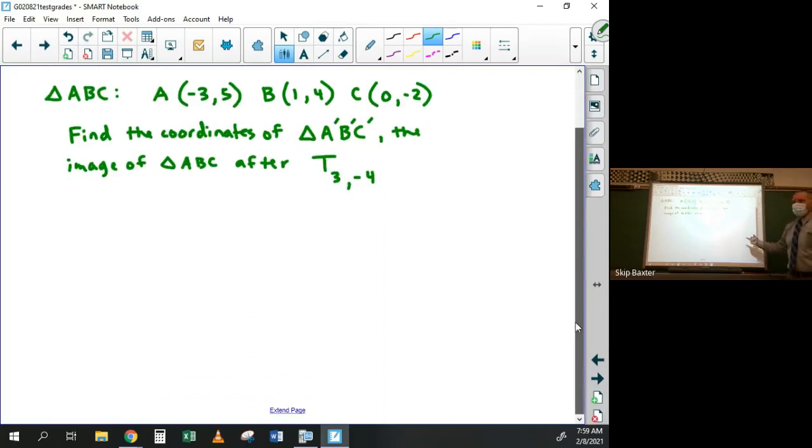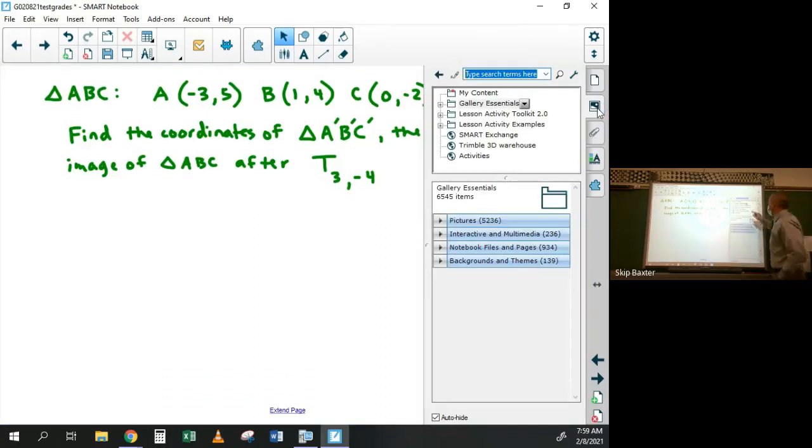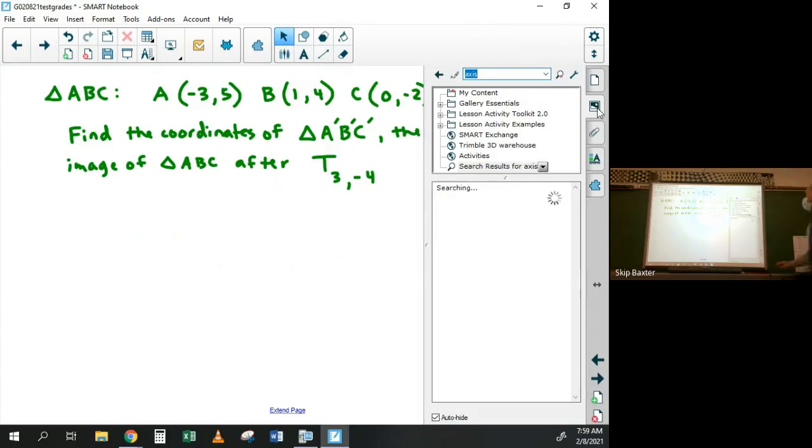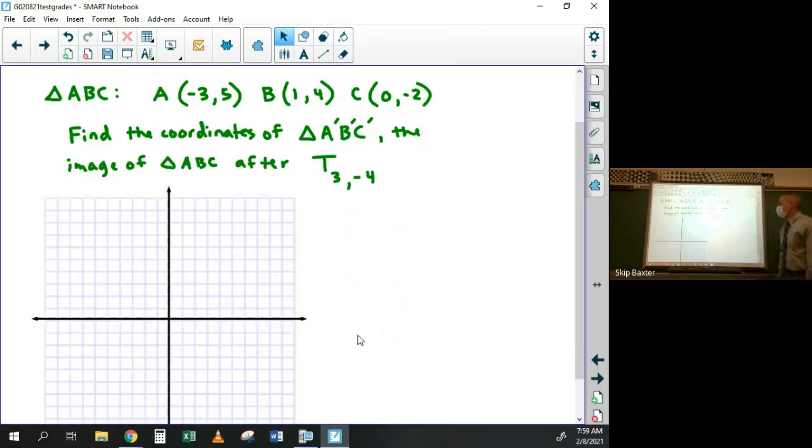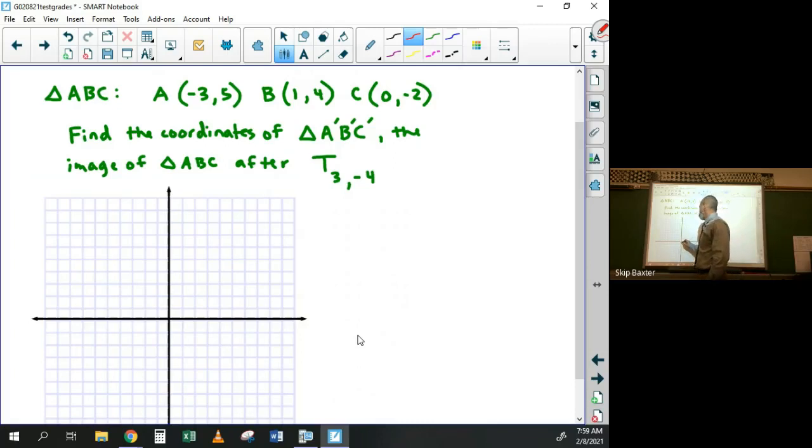So you could do this two ways. You could either graph it. So let me just show you how that would work. I would just graph the original triangle. So A is -3, 5. There.